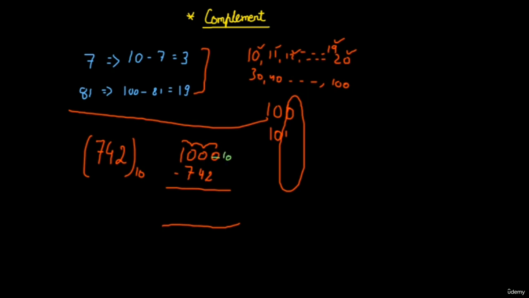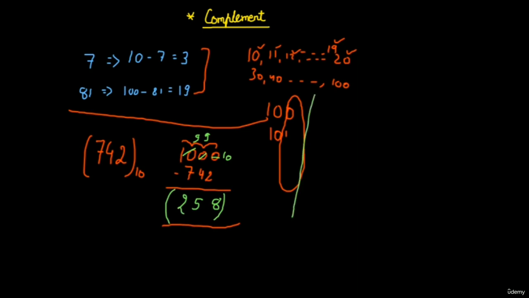So this will be 8, this will be 9, and 9 minus 4 is 5, right? We all know that obviously. 9 minus 7 is 2, so 258. So 258 is the complement of 742.